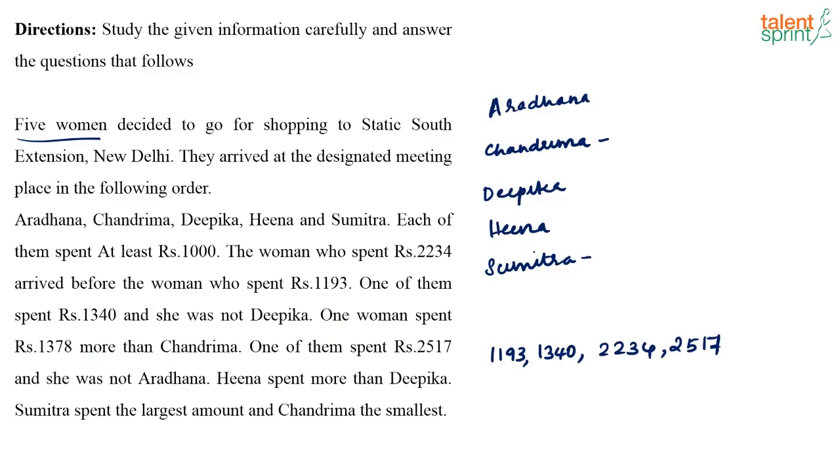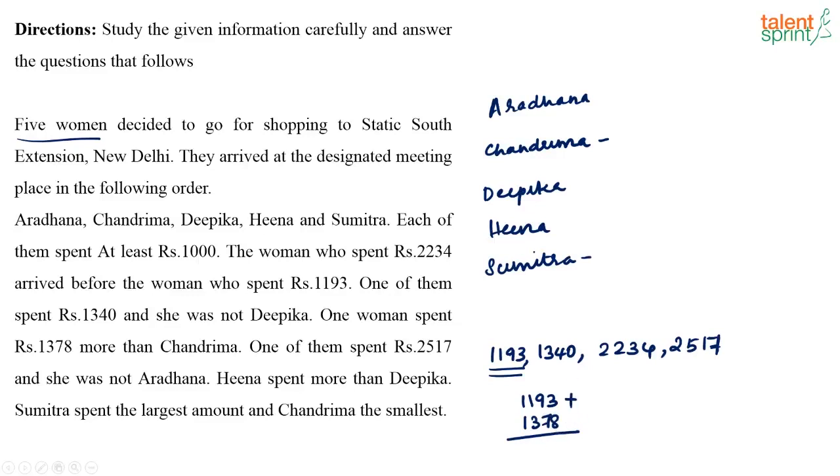So there are 2 possibilities here. Either I can assume that this is the lowest amount spent. So if I say this 1193 is the lowest amount spent, then what is the highest amount spent? It is nothing but 1193 plus 1378. Right? See, what are they saying? Chandrima is spending the lowest amount, and if I say Chandrima is spending 1193, then how much will this Sumitra spend as addition of this?